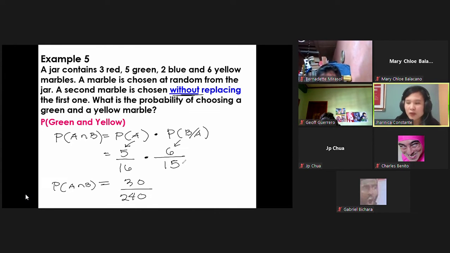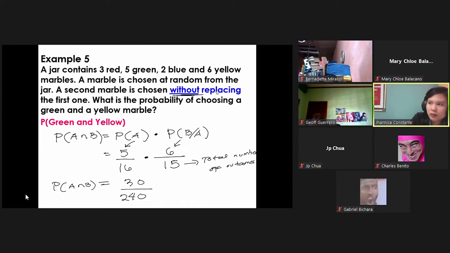Nagbabago ang number of total chances of your probability. Yun lang the only thing that changes in your dependent. Yung total number of outcomes is the only changing, since in the formula for probability of a simple event, the denominator stands for the total number of outcomes.